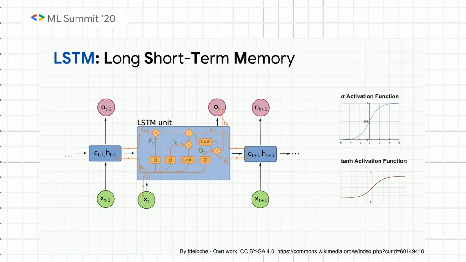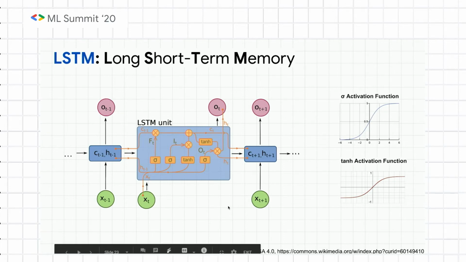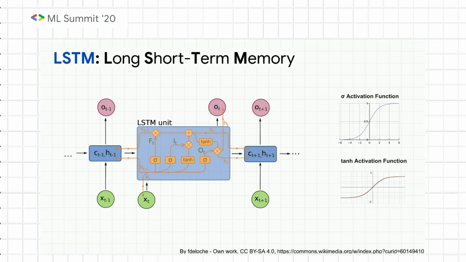So LSTM has some improvements. You see some of these logic gates. We're not going to go through this in a ton of detail, but the key is that it learns what the important information is and what can be forgotten. So it has sort of remembering gates, forgetting gates, and it also has, you see here, not just a multiplication, but some addition of some of the values in each of these units.